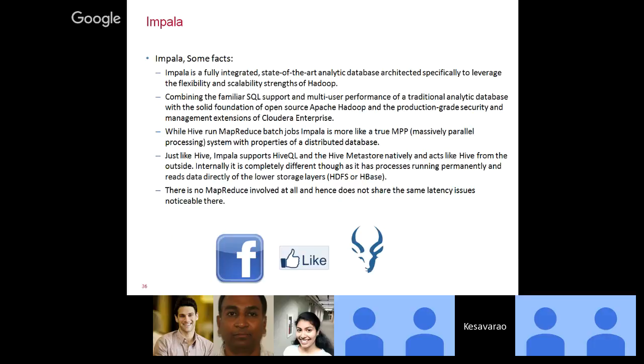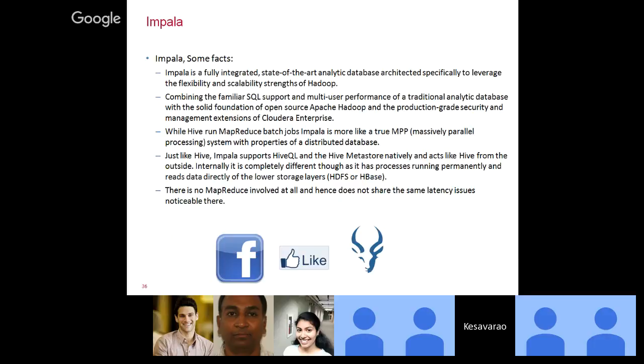So it works very similar to how an MPP database engine works. Sorry, it's not using MapReduce jobs. Impala is definitely not using a MapReduce job. It's totally done differently. That is the main difference. Tez, which is equivalent to Impala in the Hortonworks environment, will still work through MapReduce jobs, but it will create a similar effect to MPP.